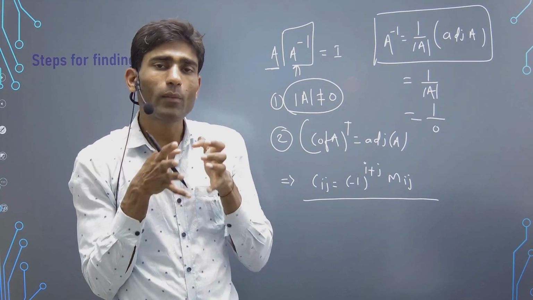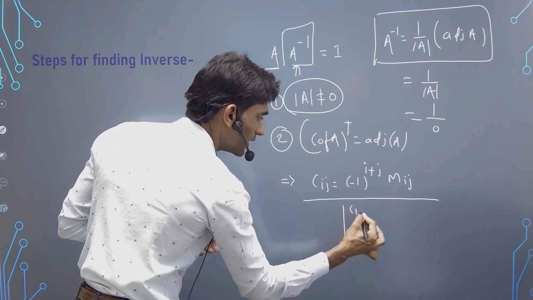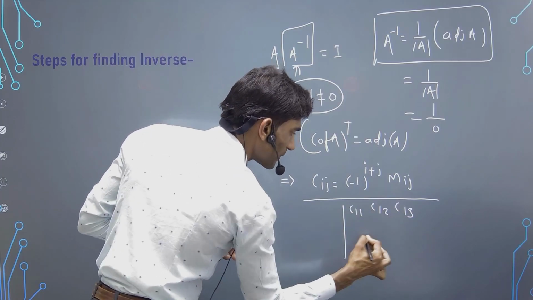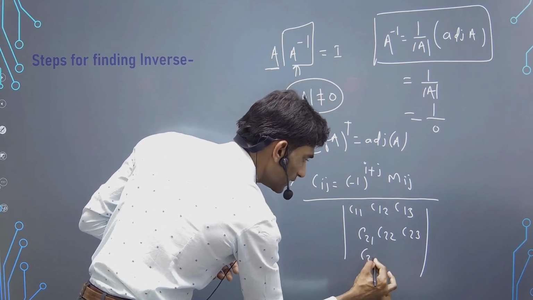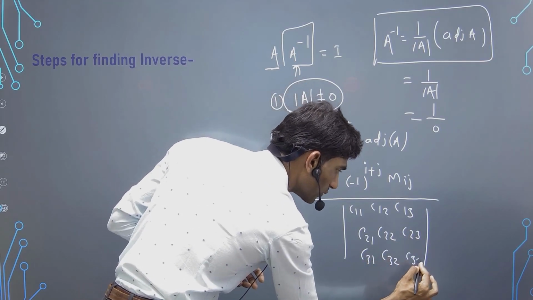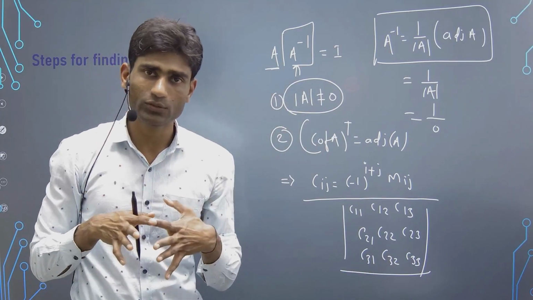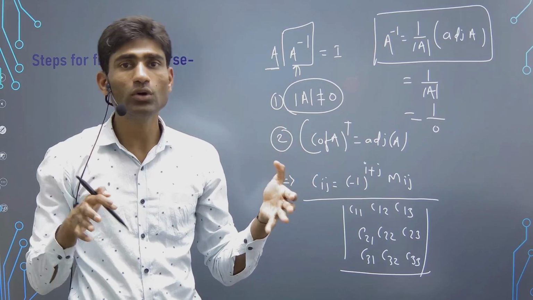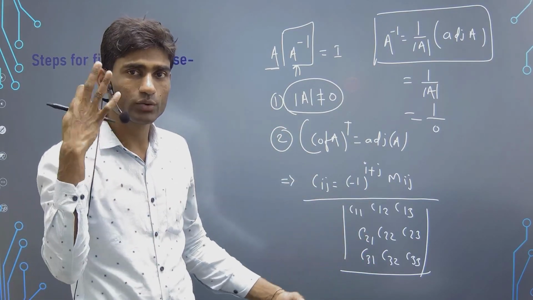The cofactor matrix looks like the elements C11, C12, C13, C21, C22, C23, C31, C32, C33. Here I consider a 3 by 3 matrix for finding its inverse. There is also a 2 by 2 matrix, but our main target is to find the inverse of a 3 by 3 matrix.